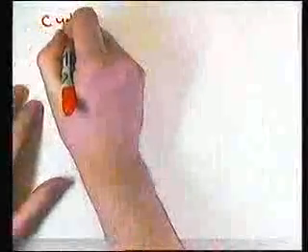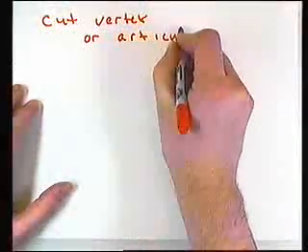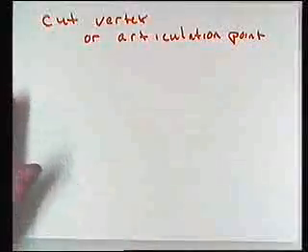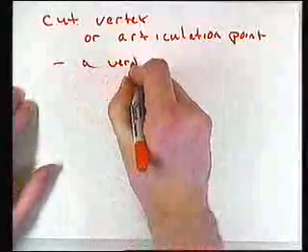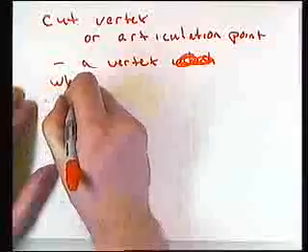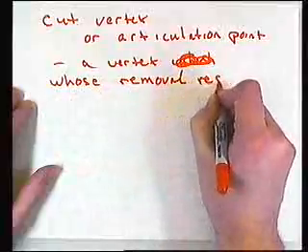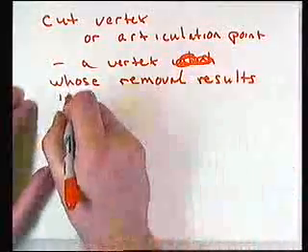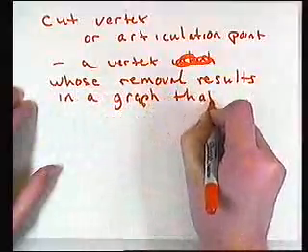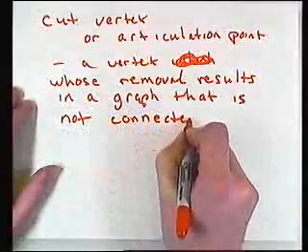that are called, we have here, a cut vertex or articulation point, are the two terms. And we say a vertex whose removal results in a graph that is not connected.